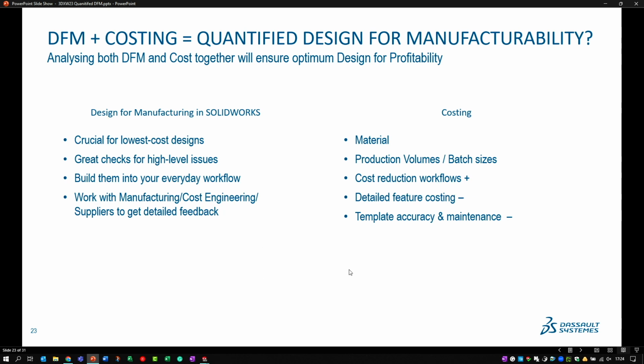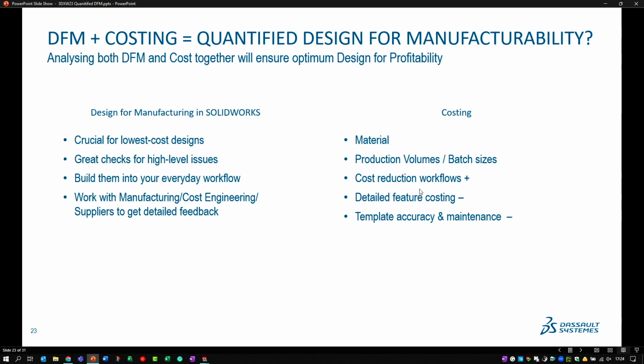And then for costing, it's really based on the material. So getting the material cost right, because it's looking at the volume. It doesn't really look at anything else. Production volumes and batch sizes do make a difference. So it's quite good for kind of cost reduction workflows, but with it not taking into account tooling, that's a significant investment that's kind of overlooked a little bit.